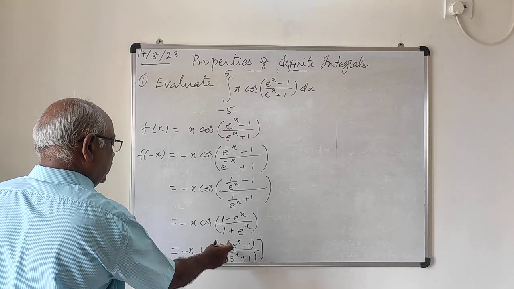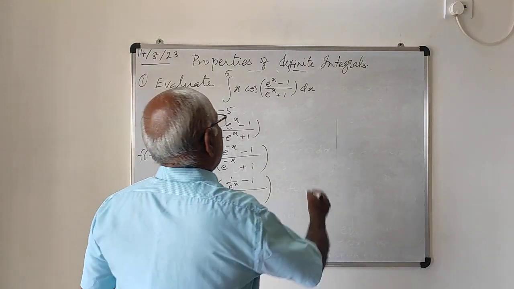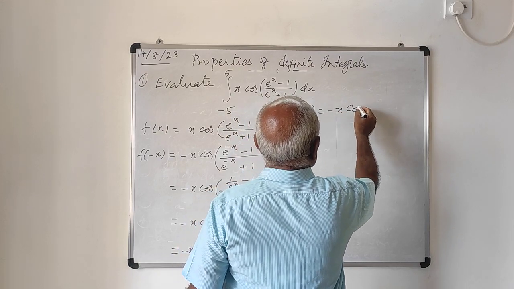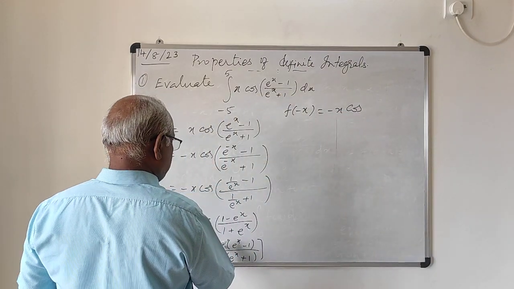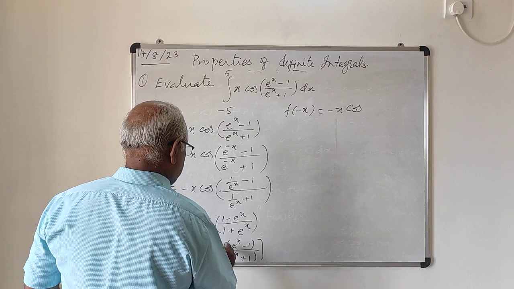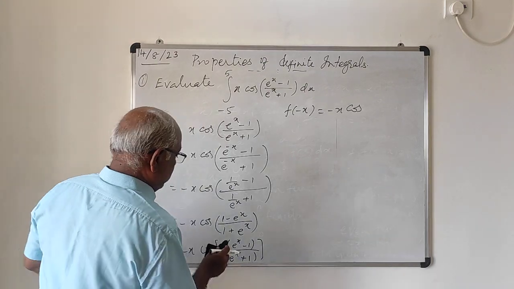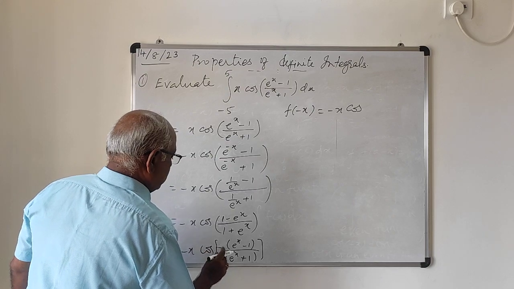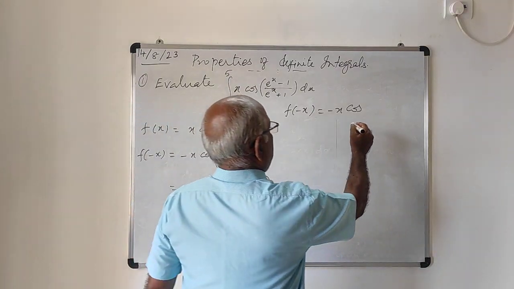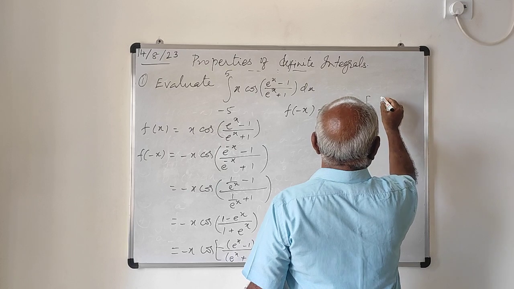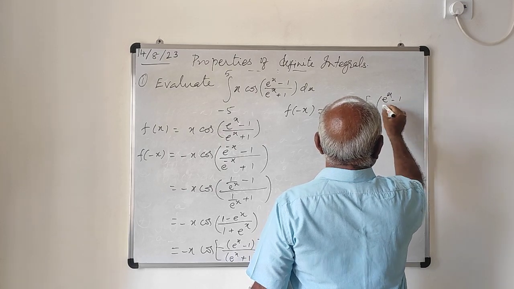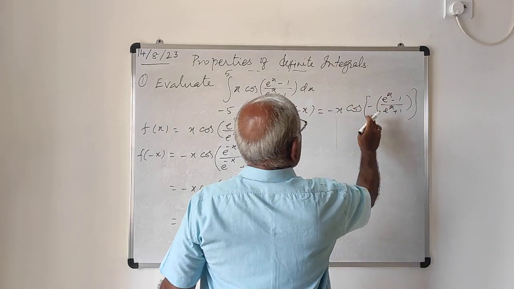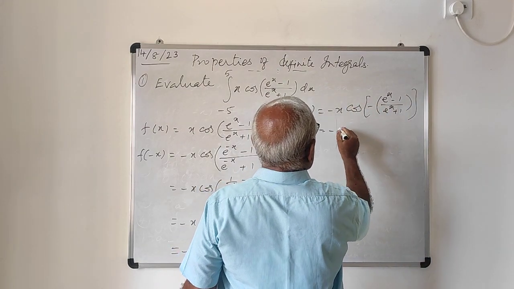Cos of minus theta is cos theta, no? So f of minus x equals minus x into cos of minus (e power x minus 1)/(e power x plus 1).